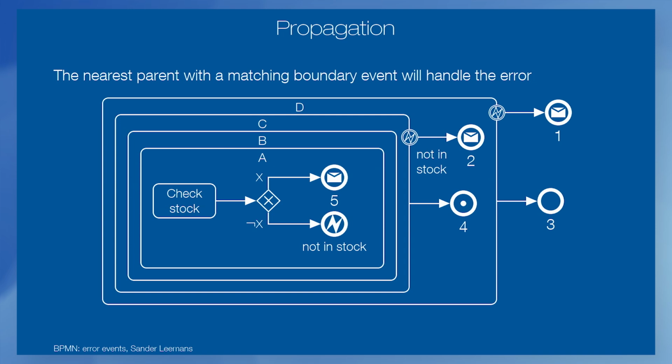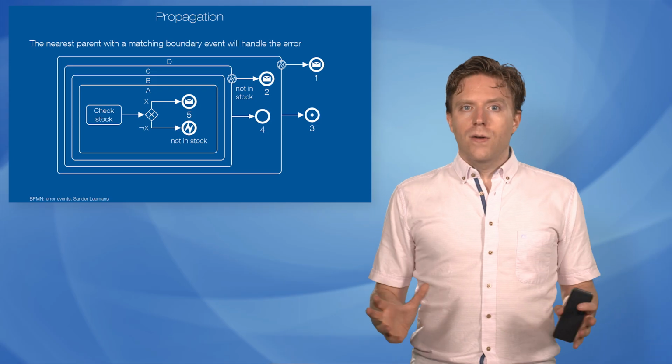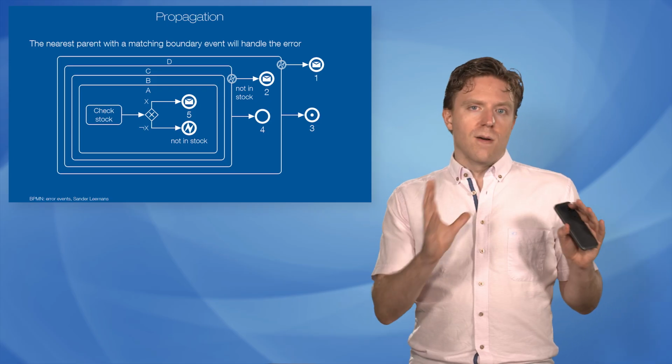C finishes by putting this token out, and now we are in subprocess D. Subprocess D is now done because the token is in the end event. So subprocess D also finishes by producing a token on its outgoing sequence flow. Now we are in the top level process, and this top level process finishes as we have put a token into its end event. Okay, that was quite complex.